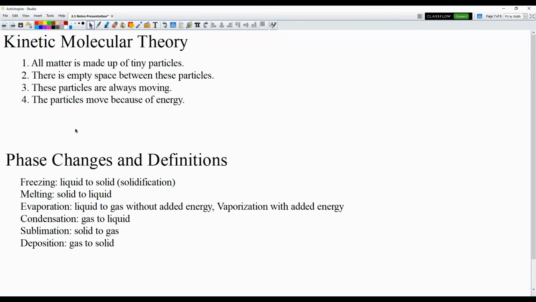Sublimation, you may or may not have heard about this word. Sublimation is from a solid straight to a gas, so it skips the liquid phase. And this happens in winter when it's really, really cold outside. And like say we get snow or ice.